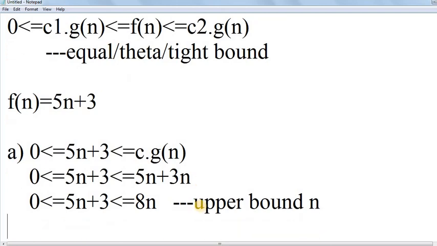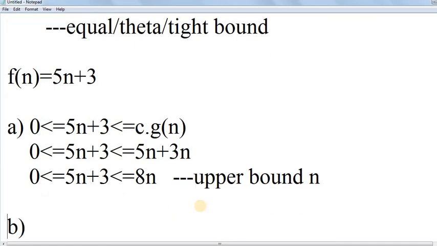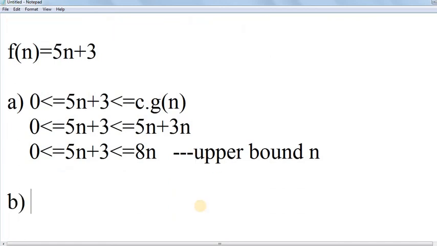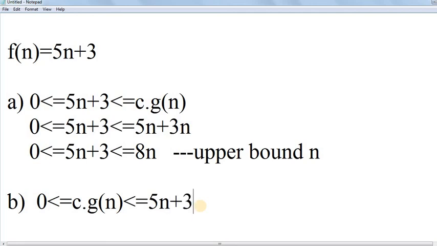Okay. For lower bound, what to do? For lower bound, we will have this formula simply revised. So I will say 0 less than or equal to c g of n less than or equal to 5n plus 3, that is our function. Now what we will be finding out, copying it down. Copy all these terms 5n plus 3.